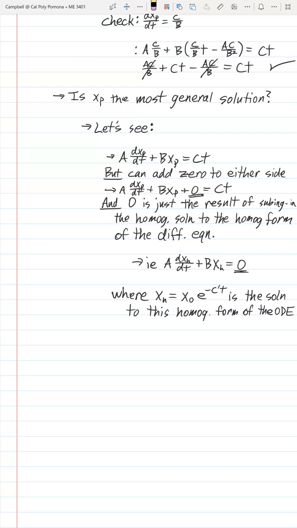What happens when I plug in xp plus xh? The xp portion of the solution is going to give me c times t. And when we look at the xh portion of the solution, I'm just going to get 0.